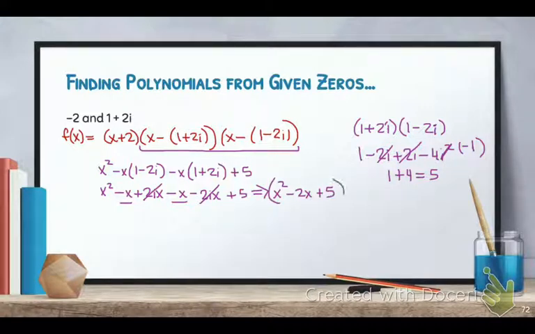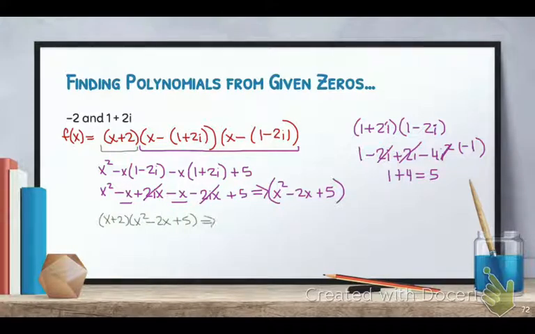This we still have to multiply against that first binomial in the front. So x plus 2 needs to distribute to x squared minus 2x plus 5.